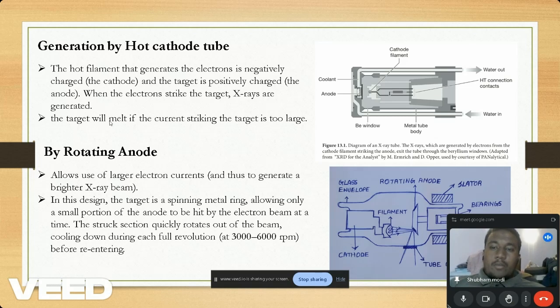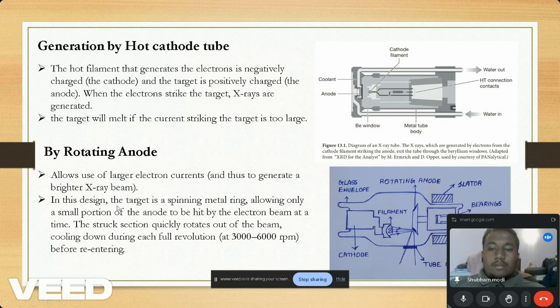The target will melt if the current striking the target is too large. Meaning we can't operate it on a large current. So to handle this scenario of large currents, we can use a rotating anode, which allows use of larger electron currents and thus generates a brighter X-ray beam.